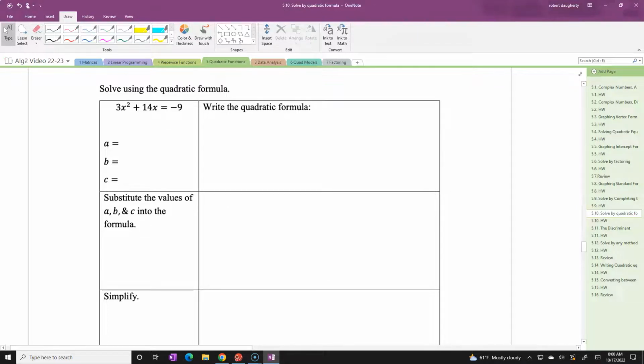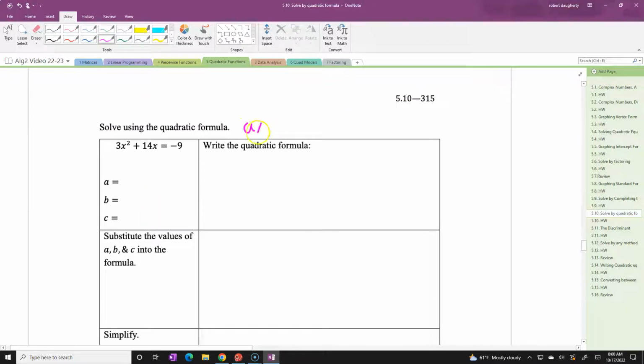This quadratic formula only works for a quadratic equation set equal to 0. So setting this equal to 0 is 3x squared plus 14x plus 9 equals 0. In this problem, a is equal to 3, b is 14, c is 9.